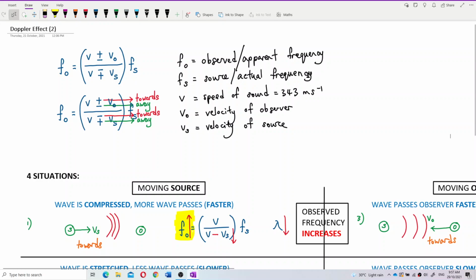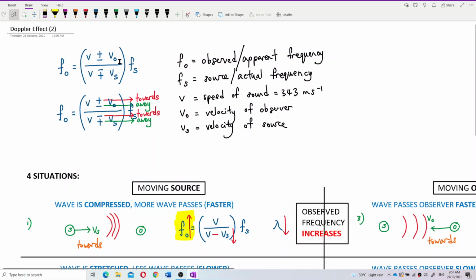The observed frequency is what the observer hears, which is called the apparent frequency, not the actual one. And v here is the speed of sound, normally given as 343. Maybe a different value will be given in the question later on, but normally it's 343.